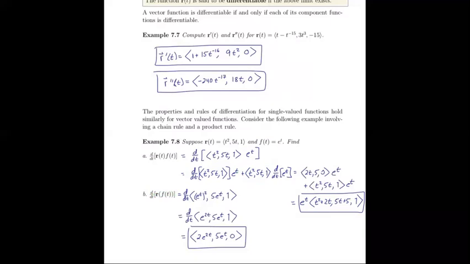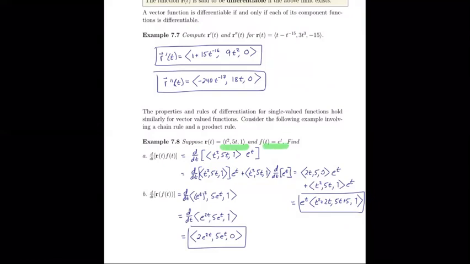So in this case, if r of t is t squared, 5t, and 1, and f of t is e to the t, then everywhere we see a t, we place e to the t, and we'll take the derivative from here. That result looks like the following. So the chain rule is a little bit cleaner, a little bit easier, but it follows exactly as one would guess. Note that there's no f of r of t in this situation.